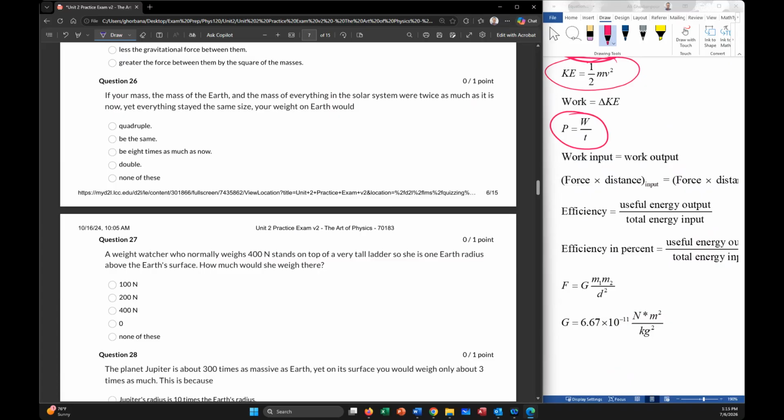If your mass and the mass of everything were twice as much as it is now, and everything else is the same, the size, what would be your weight?